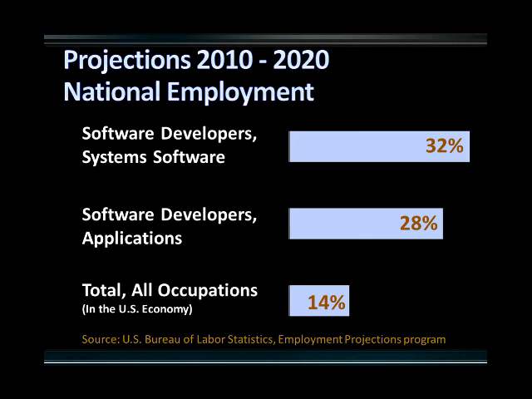For the period 2010 to 2020, the national job outlook for software developers, system software, is projected to be 32% growth. Software developers, applications, is projecting 28% growth, and in comparison, the total for all occupations in the U.S. economy is projected to grow by 14%.